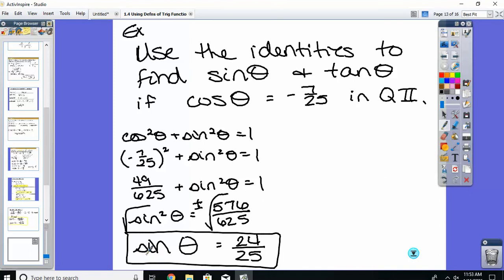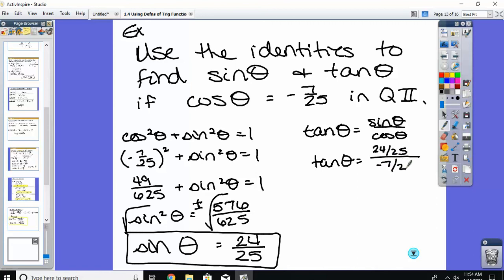If I have sine and cosine, how do I get tangent? Divide them. So we could do 24 25ths divided by negative 7 25ths. And what do you get? Make sure if you're using a calculator, you put this in parentheses.